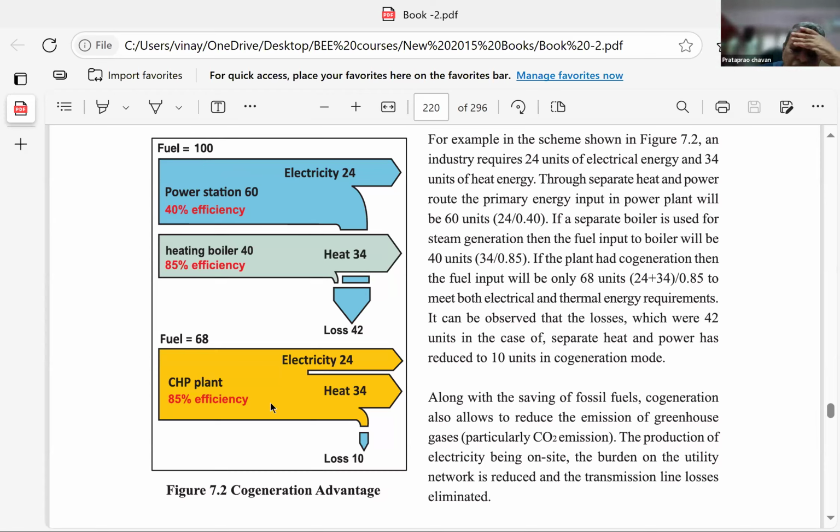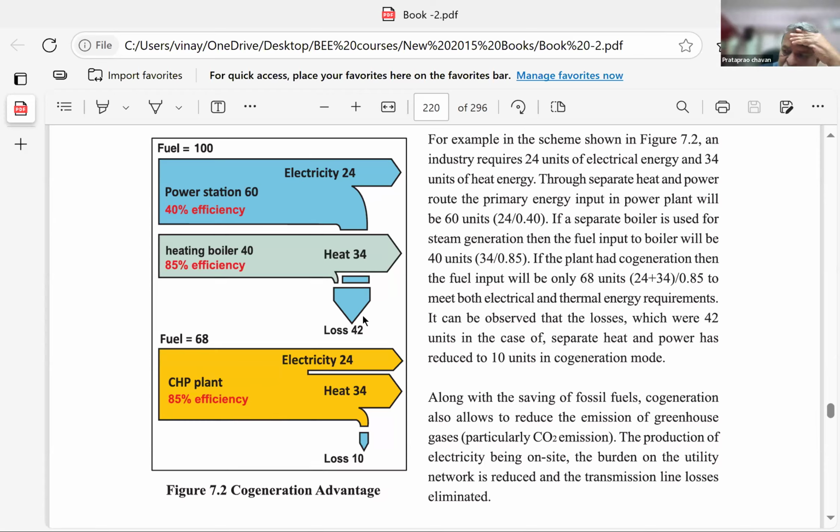If you use cogeneration, what happens? Cogeneration has a tendency to generate at 85 to 90% efficiency. Why? Because the loss of steam going to the ambient as a result of this process is 42 units.